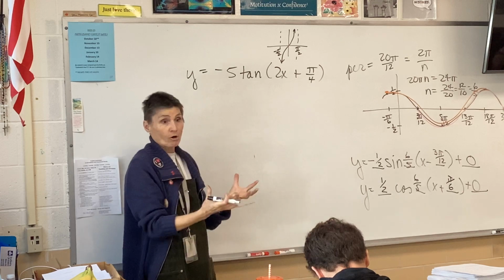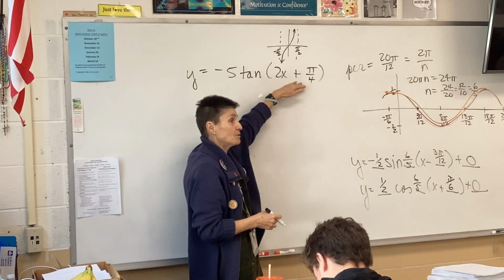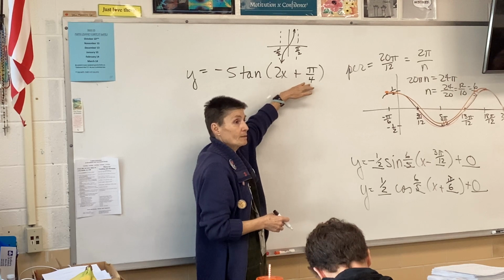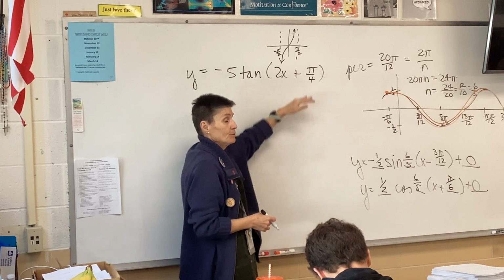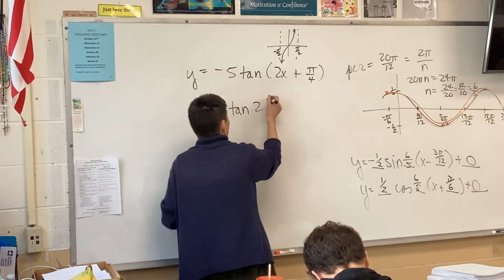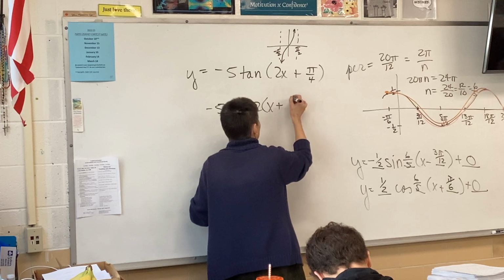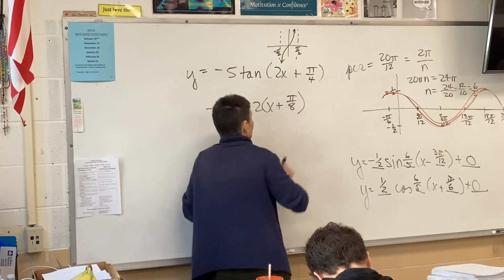Okay, so that's what I'm starting with, and I'm going to make all these changes to it. Who remembers what I need to do first? Factor out the 2. You don't get rid of it, you have to keep it, but we want to get it out of that parentheses. So dividing by 2, multiplying by a half. There we go.